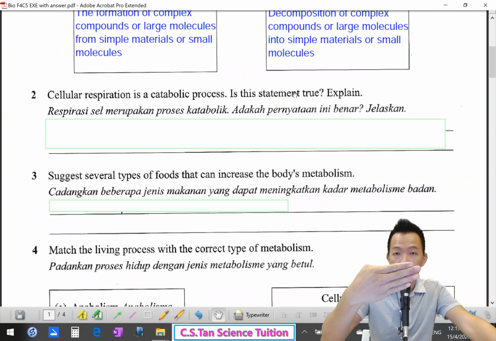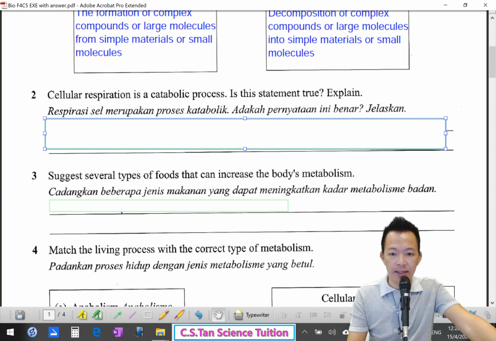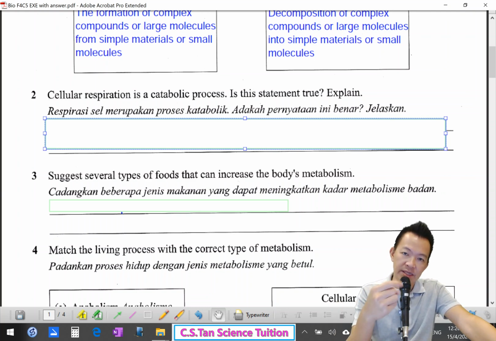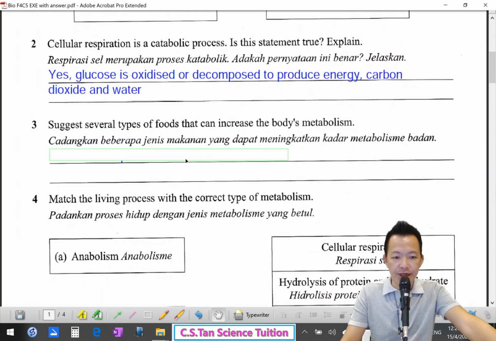Because in the process we oxidize glucose into simple materials, water and carbon dioxide, 因为你把它解散. Glucose is oxidized or decomposed to produce energy, carbon dioxide and water.